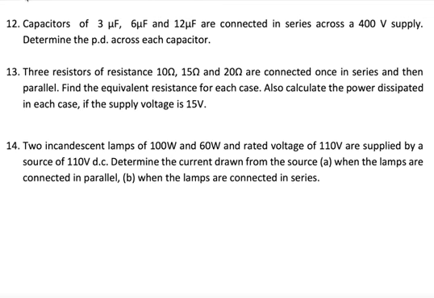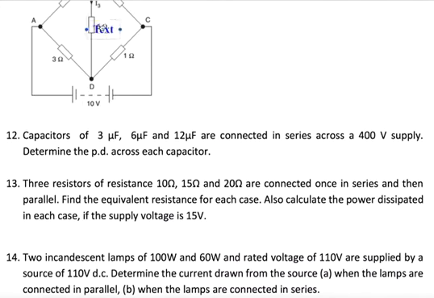Since the capacitors are connected in series, the total voltage V is nothing but V1 plus V2 plus V3, where V1 is the voltage across capacitor 1, and similarly for capacitors 2 and 3. Name these capacitors C1, C2, C3.